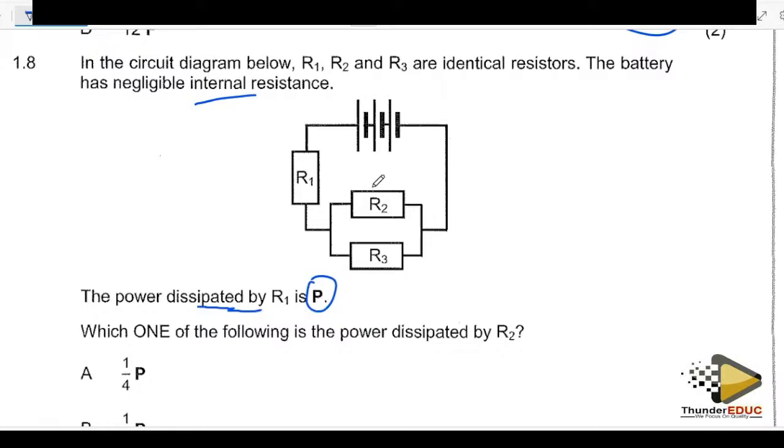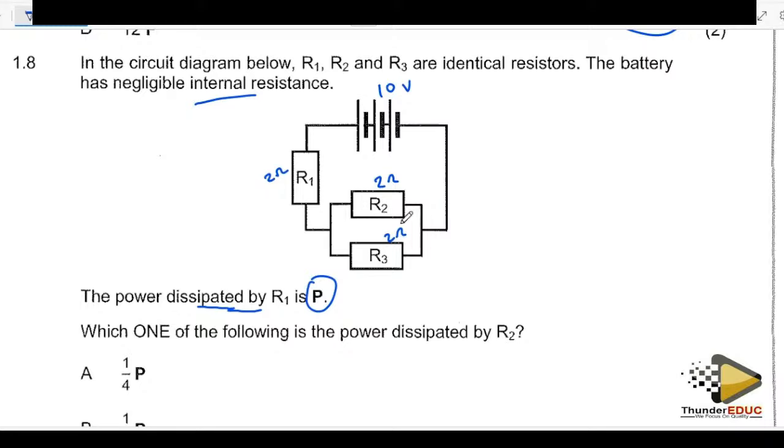Now, if I were to assume, since they're identical, I can call this 2 ohms, as well as 2 ohms. I can set 10 volts as my voltage there, just to bring about the picture of everything.